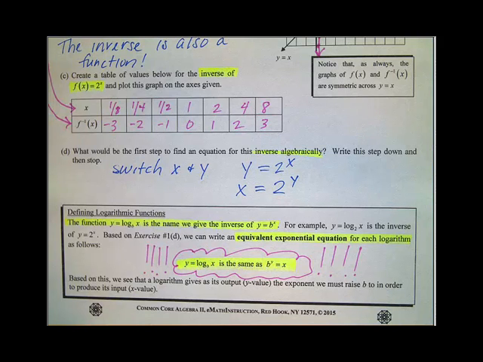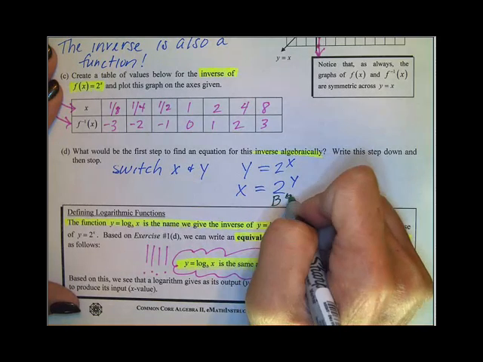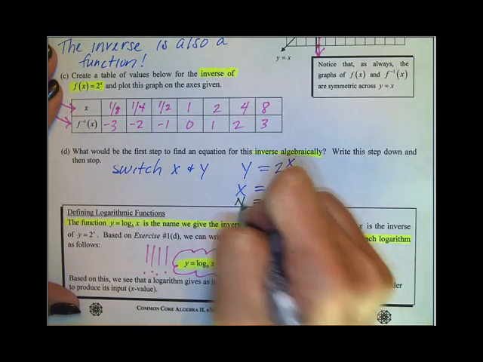Based on exercise number 1D, we can write an equivalent exponential equation for each log as follows. Log base b of x equals y is the same as b to the y equals x. So sometimes I call this form BEN: base to some exponent equals a number.